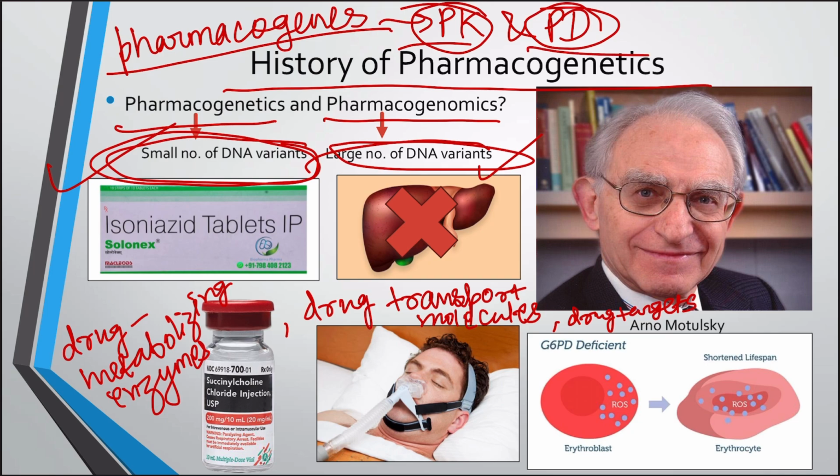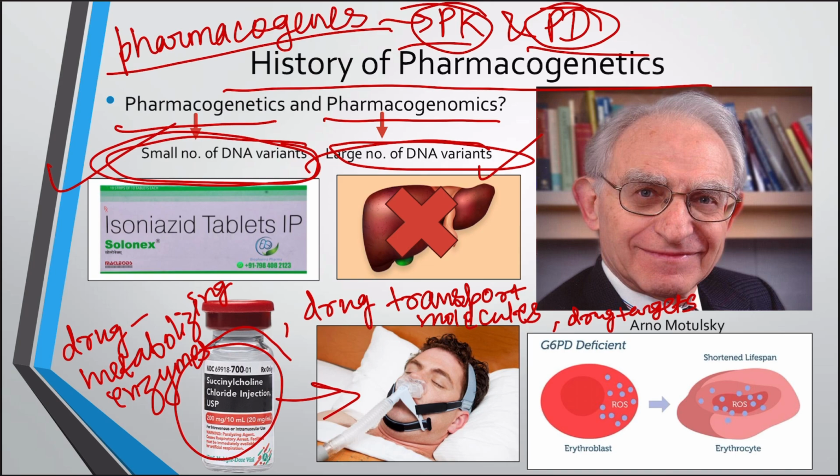Now coming to some of the first examples of genetically determined variable drug response due to pharmacokinetic variability. First is the case of succinylcholine. Succinylcholine can lead to succinylcholine apnea because of prolonged paralysis of the respiratory muscles. It occurs because of the presence of atypical pseudocholinesterase, or pseudocholinesterase deficiency, and as a result succinylcholine is not metabolized properly, leading to prolonged paralysis of the respiratory muscles.